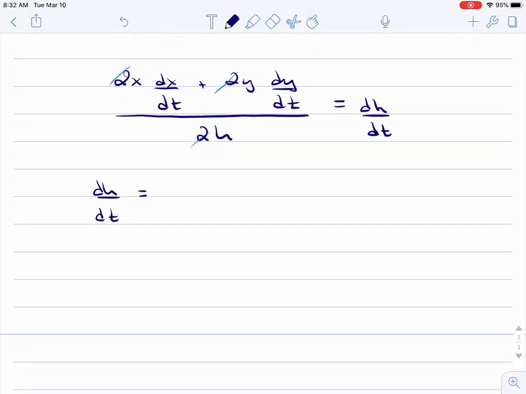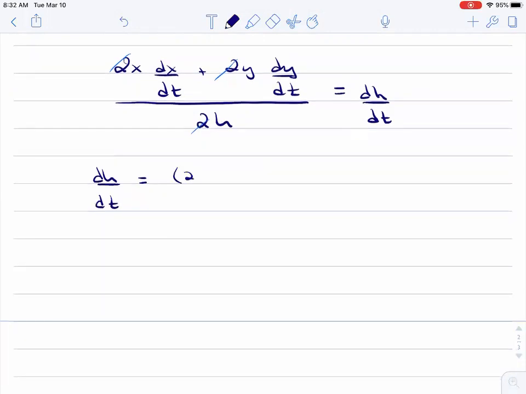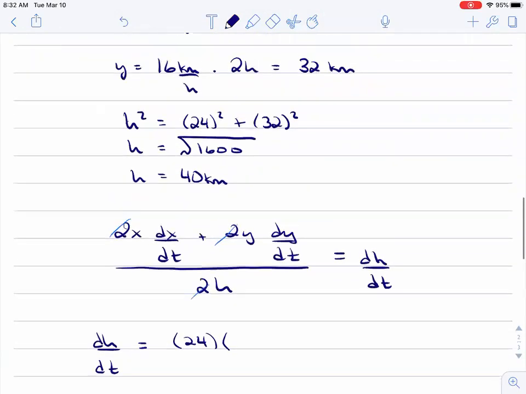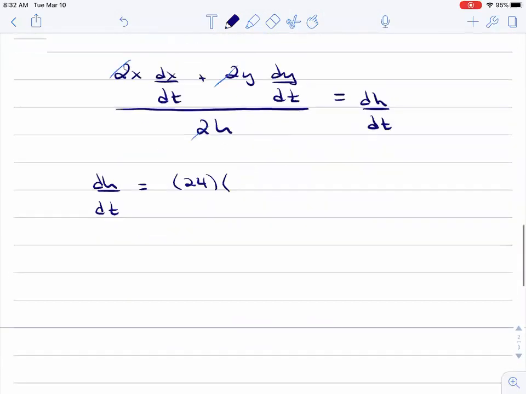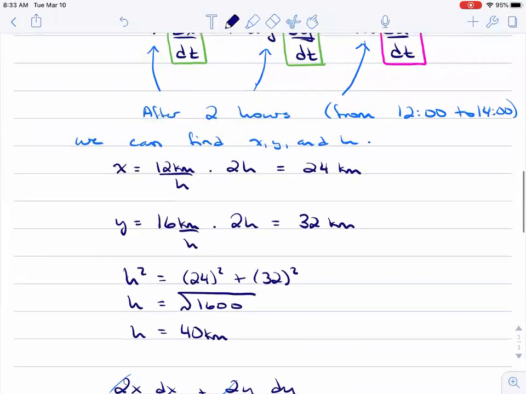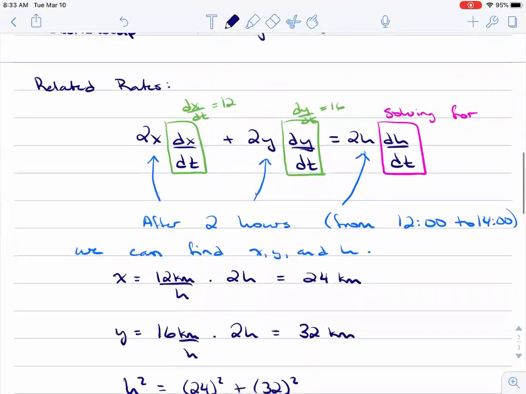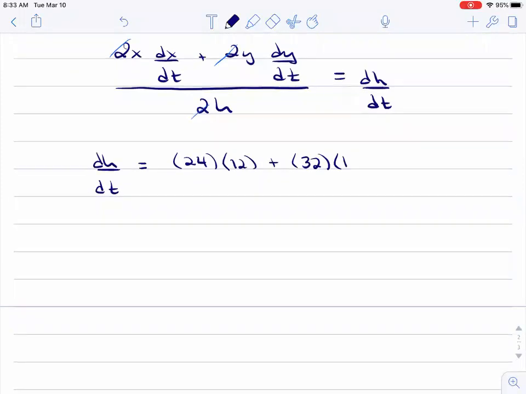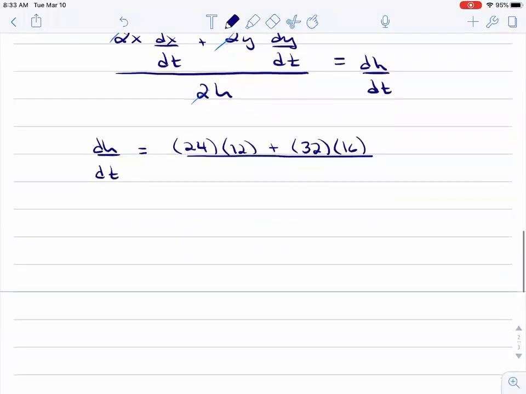I like to have whatever I'm solving for on the left-hand side. So dh/dt is going to be x, which is 24, times dx/dt, which was 12, plus y, which was 32, and dy/dt is 16, all over h, which we just said was 40.